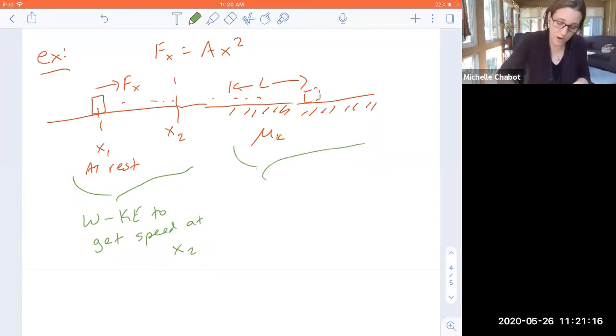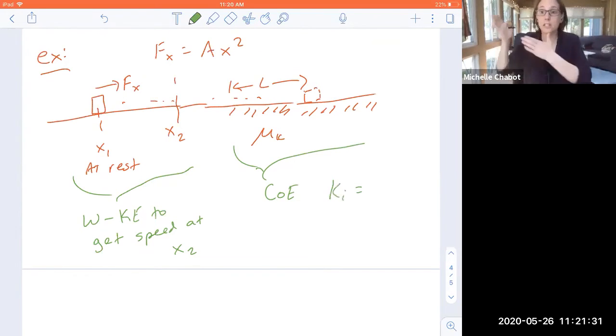Then over here, this is fairly straightforward. You can do it the long way with Newton's second law and 1D motion, but it's much easier to just do conservation of energy. You start off with some initial kinetic energy, and when it stops, it all turns into delta U internal.